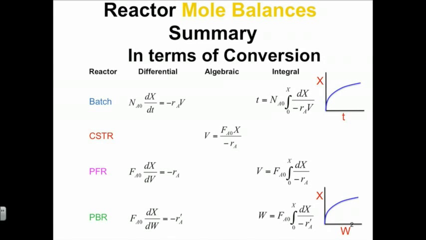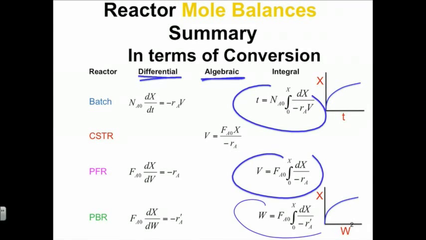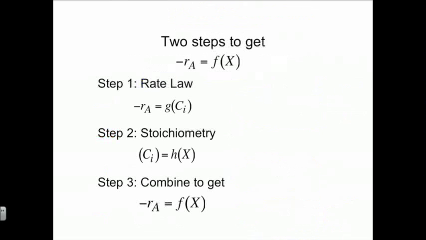We have both the differential forms, the algebraic forms, and then where applicable, when we have just a differential form, such as the batch, PFR, and PBR reactors, we then can integrate it and get our integral forms. You may want to take a few moments to recall and familiarize yourself with these if you have not done so already. Let's move on to rate laws.